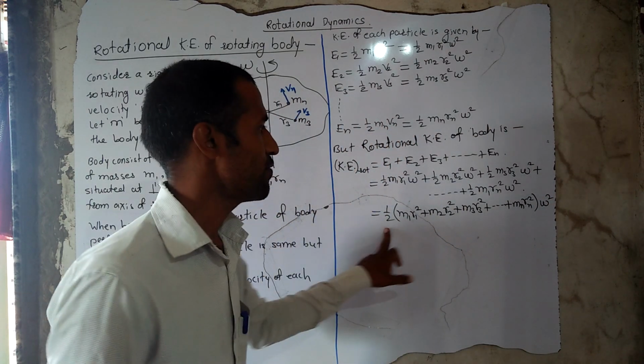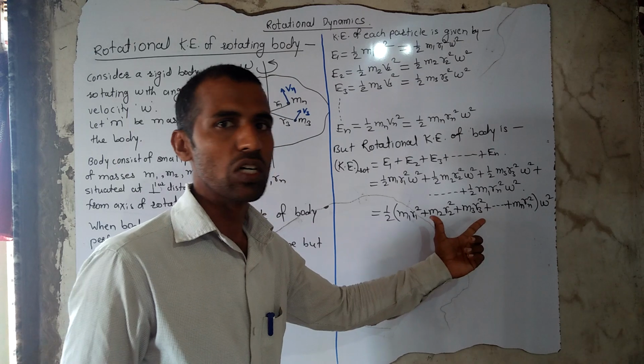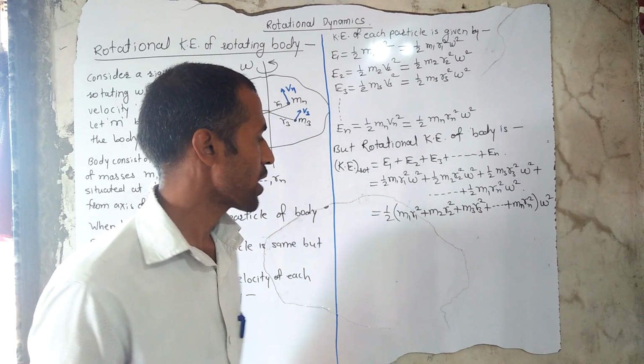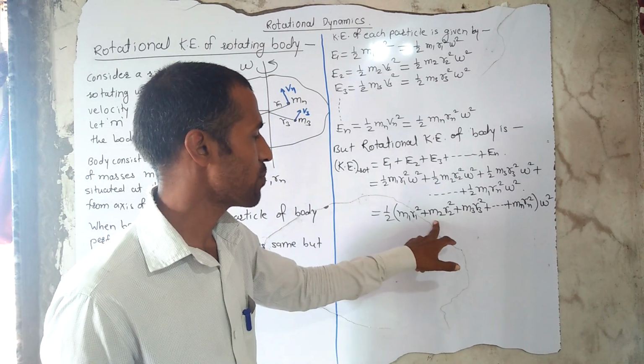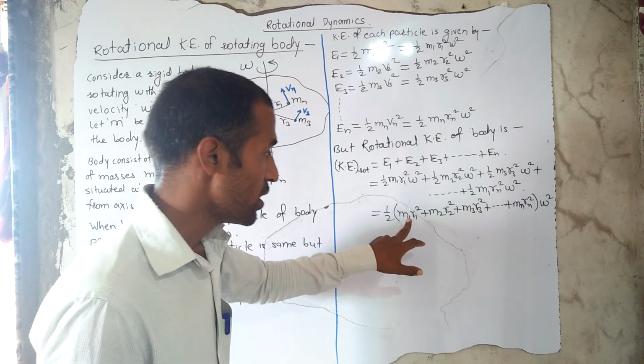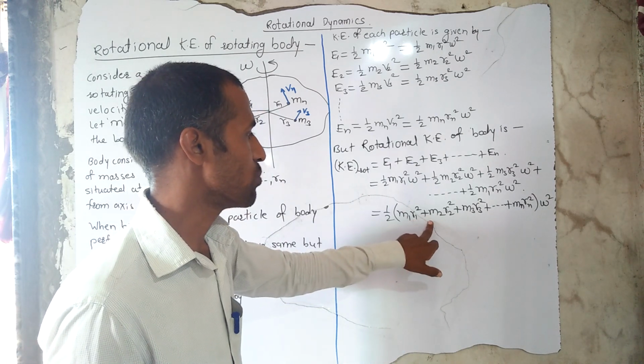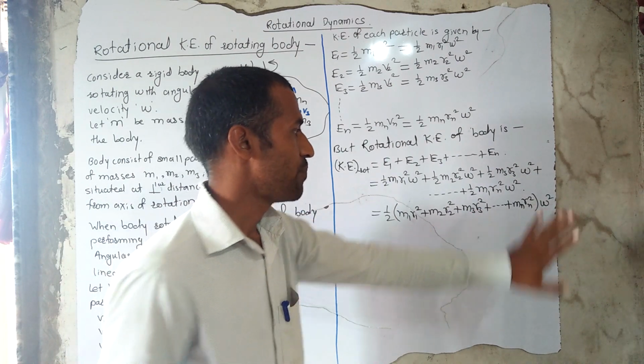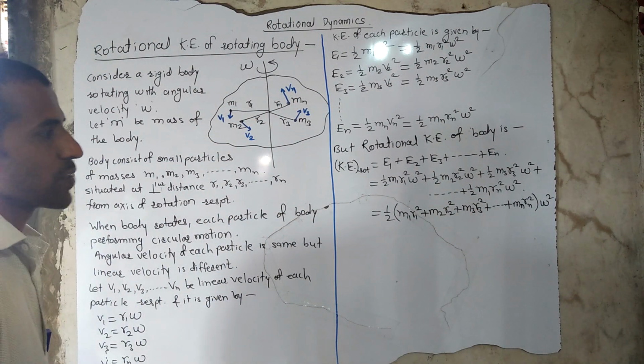Okay, half and omega square are the common terms. Inside the bracket we have m1 r1 square plus m2 r2 square plus m3 r3 square up to mn rn square.